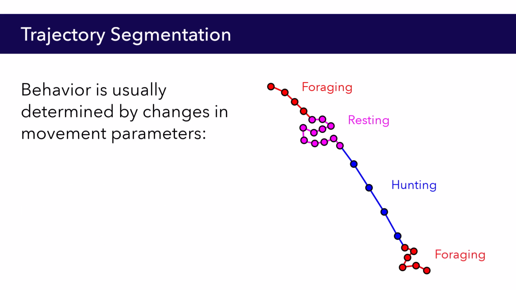The change in animal behavior can be identified by changes in its movement parameters. For example, any change in speed, acceleration, or direction of movement can represent a change in behavior.